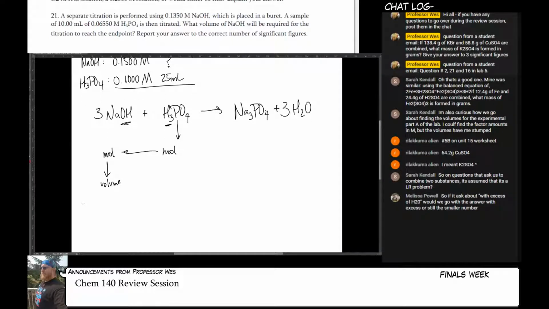Molarity times volume equals moles, so for phosphoric acid, it would be that times the volume, and the volume in liters would be 0.025 liters. So these cancel out.